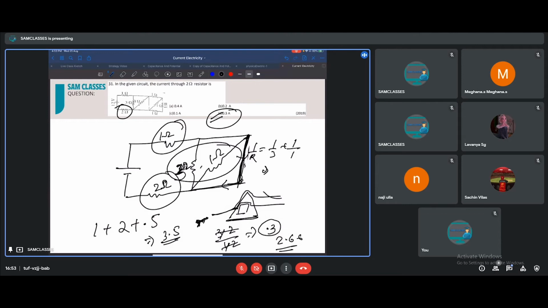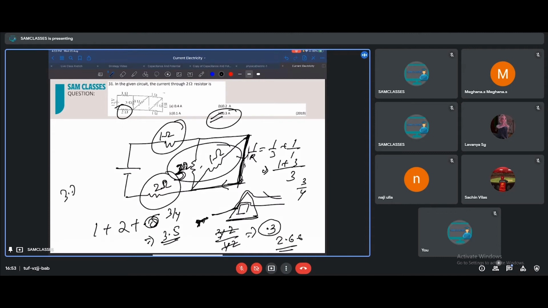What if we are taking a 3 here? Then 1 by 3 plus 1 by 1, so 3 by 4. So 1 plus 1 plus 3 by 4. 3 divided by 4 gives around 0.75, so 3.75.